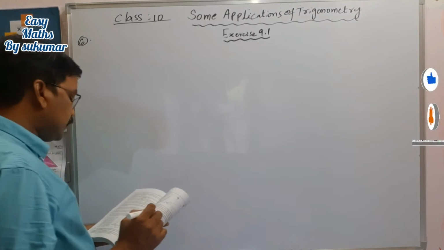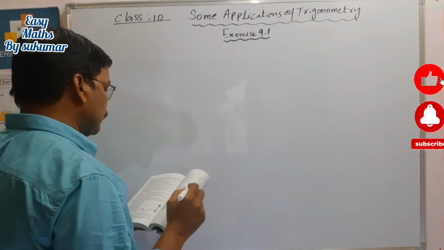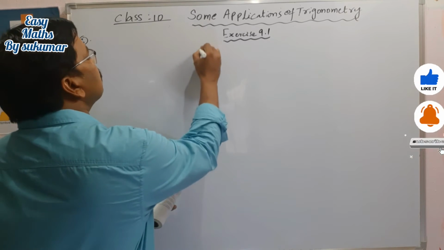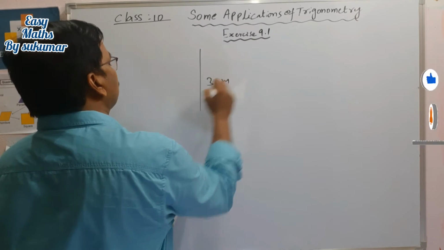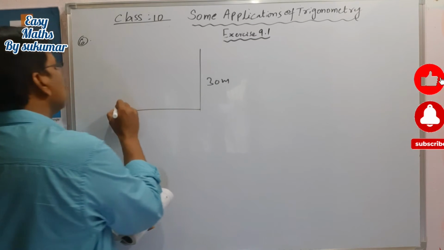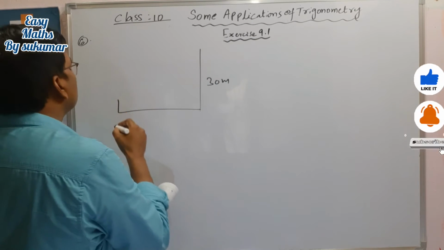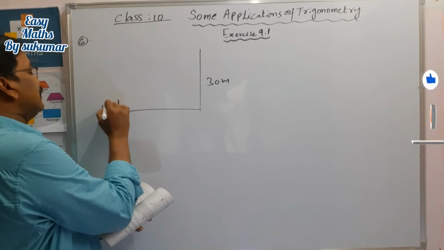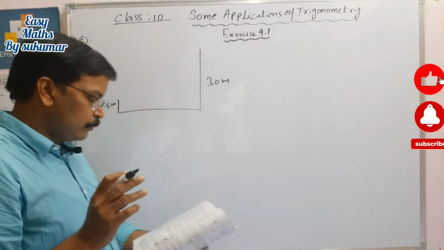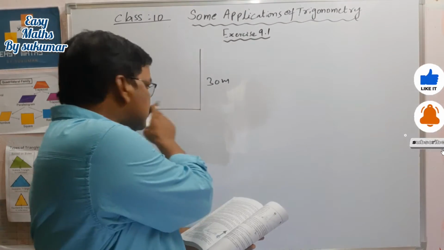A 1.5 meter tall boy is standing at some distance from a 30 meters tall building. This is the 30 meters tall building, and the 1.5 meter tall boy is standing away from this building.